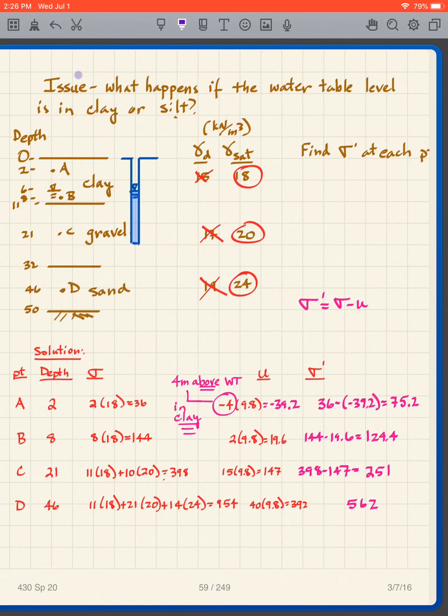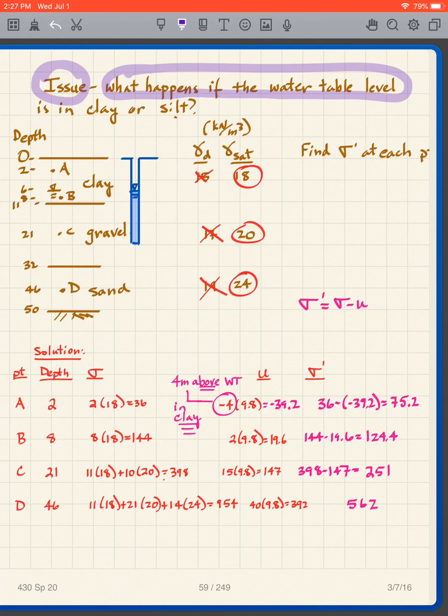Okay, I want to talk about an issue here that I want to get straight, and that is what happens if the water table level is in clay or silt. Now, why is this an issue?